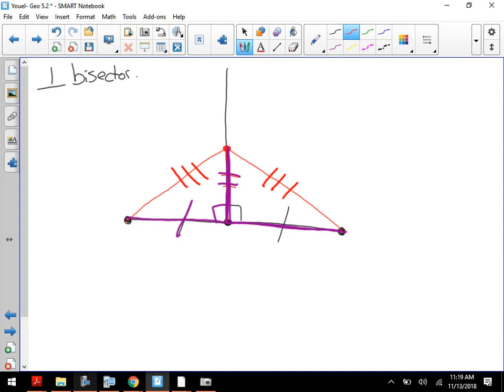Now, what happens if I change this dot and put it up here and redraw those? What do I know about those two legs, those two sides? It's still going to be congruent, aren't they? Because all it's changed is the reflexive side just changed. The reflexive side is still reflexive, isn't it?